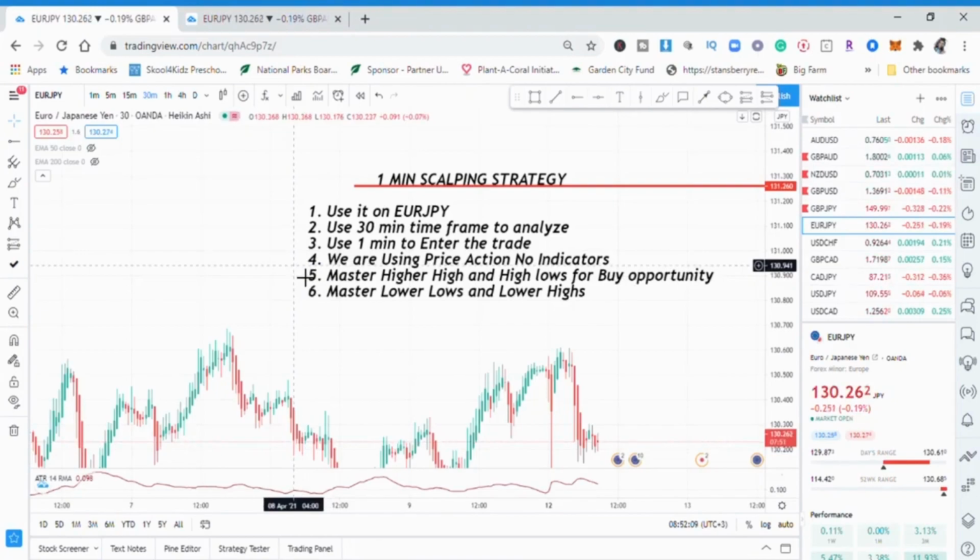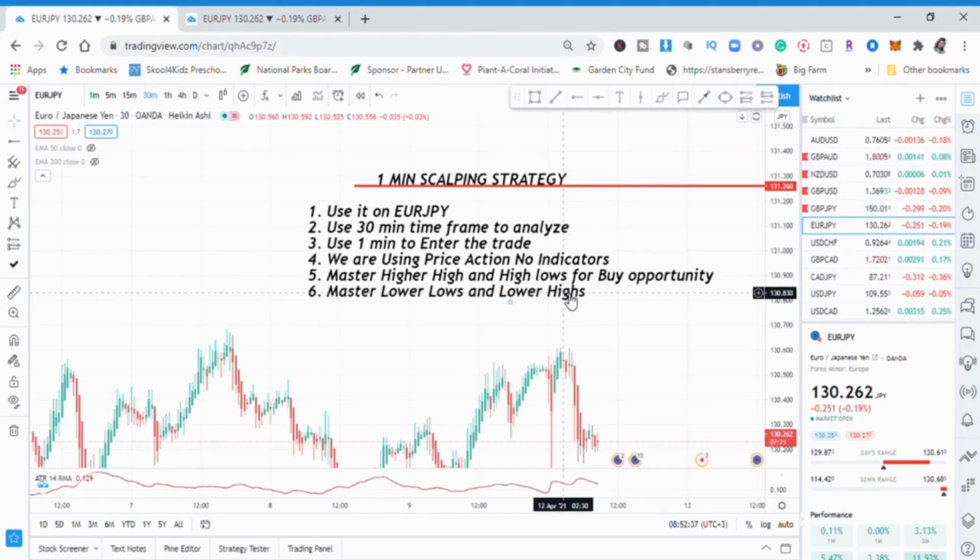And number 6, you need to master lower lows and lower highs for sell opportunities. So for you to understand this scalping strategy, you need to identify high highs and high lows, or lower lows and lower highs. And if the market was making high highs and high lows, and all of a sudden that gets violated, you come out of the trade.